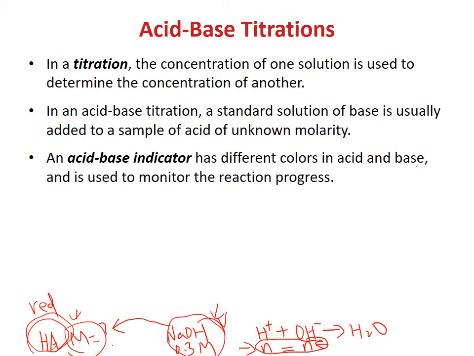Now when you add a base, the reaction occurs, and the acid becomes smaller and smaller until it is all consumed. When you have an excess amount of hydroxide, it becomes a base, and the color changes, let's say, to blue. So when the color changes from red to blue, then you know the reaction reaches the end point.